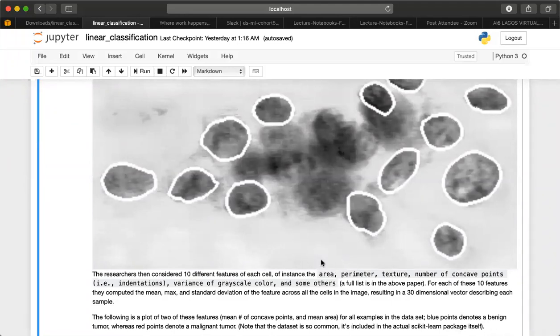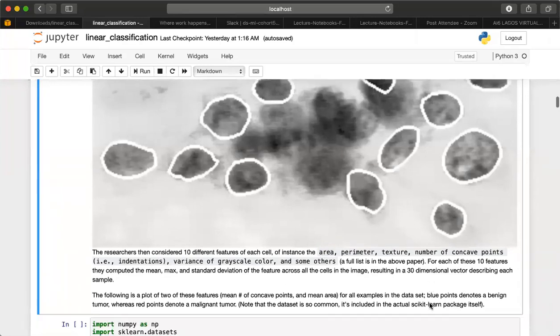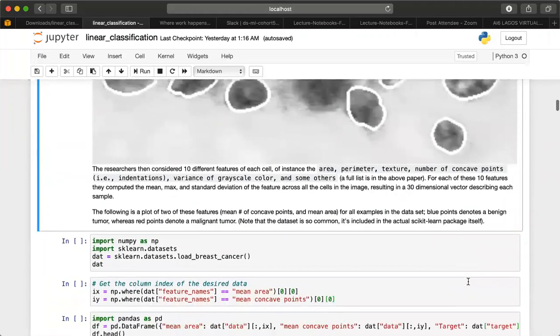And then they increased the number of features by deriving some other things from the features that they had. From those features, they were able to get information such as the mean, maximum, standard deviation, and so many other things, right? And the resulting data point was about 30-dimensional vectors, right?